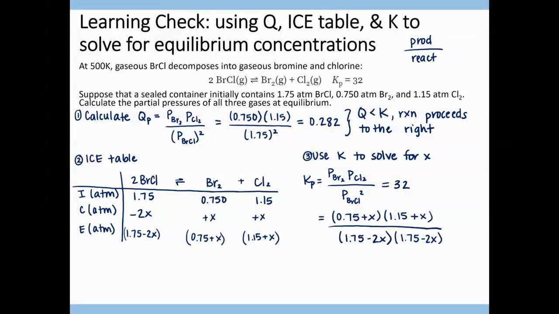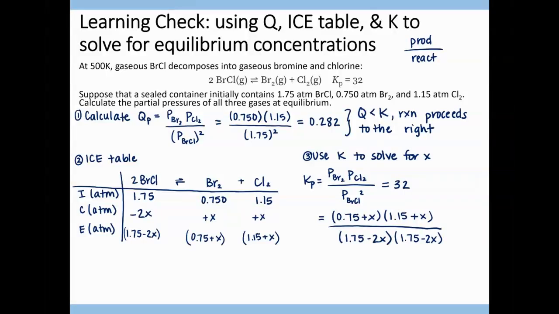All right. Now we have to multiply these two factors together. Y'all remember how to do that? Thinking back to algebra. One student in my earlier section said we distribute, which is exactly what we do. So you do 0.75 times 1.15 plus 0.75 times x plus x times 1.15 plus x times x. If you just remember it that way, that's fine.